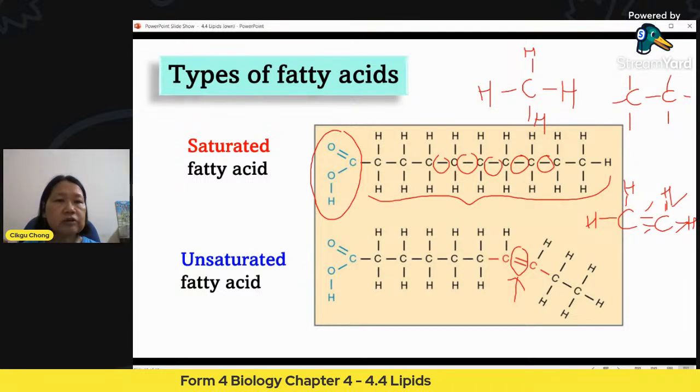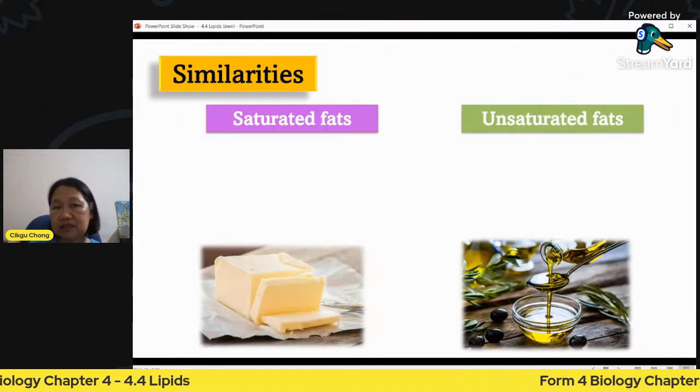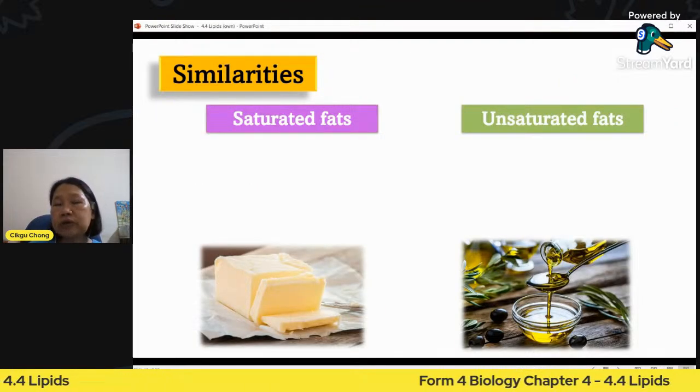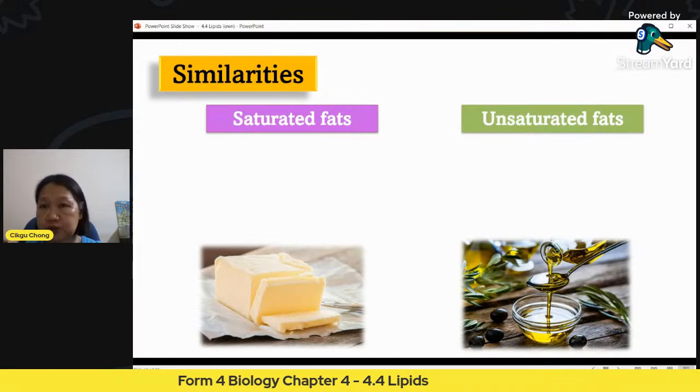So fatty acids have 2 types. What about fats? Why do we call certain fats saturated fat, and why do we call some of them unsaturated fat?